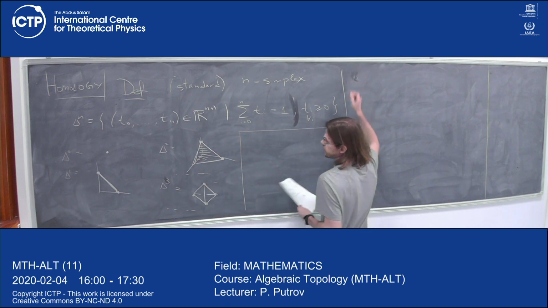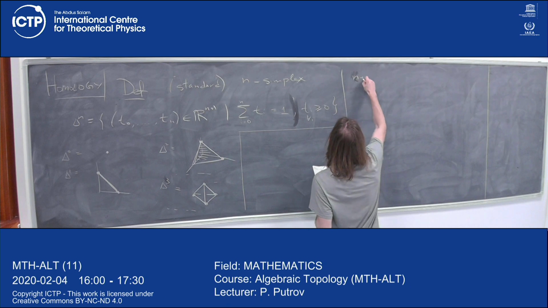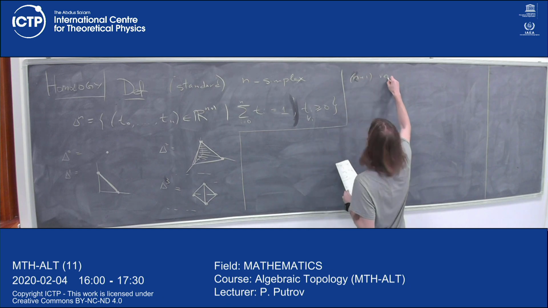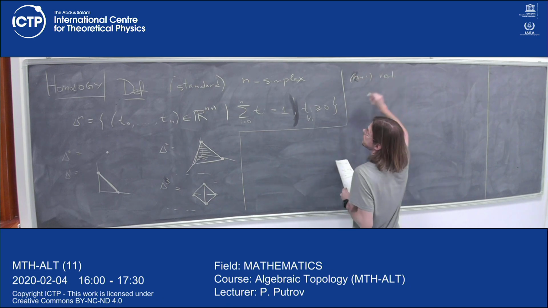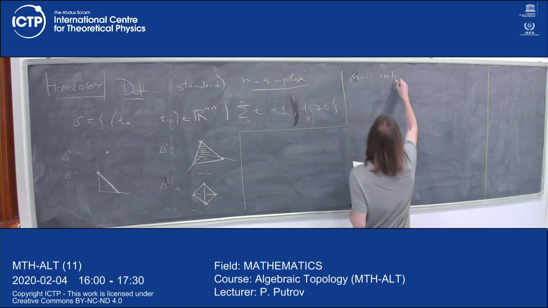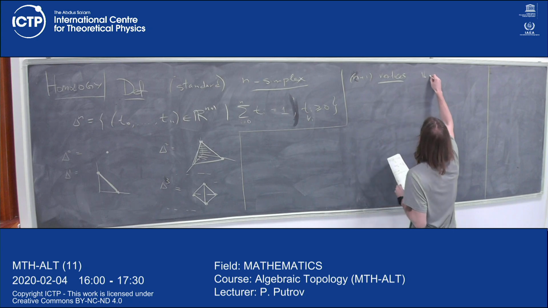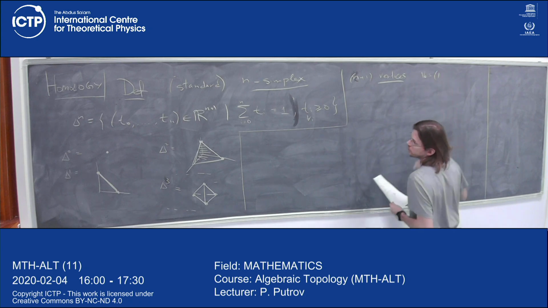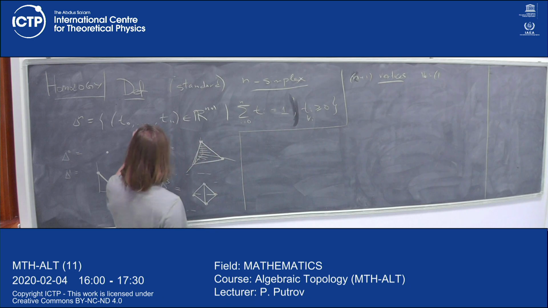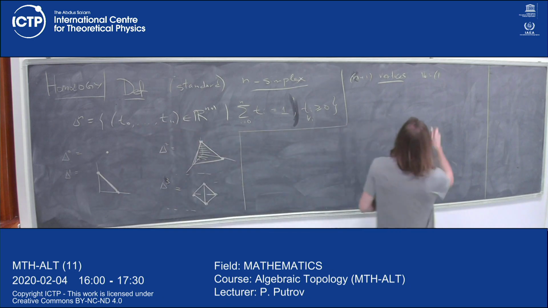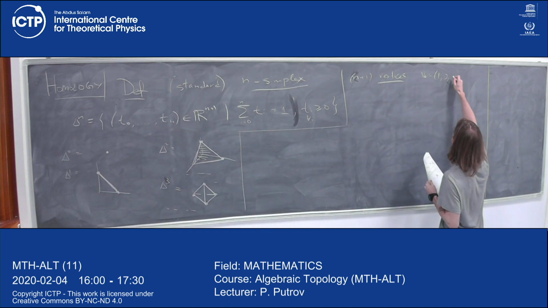It's a simplex which has n+1 vertices. So the definition of a simplex: the vertices are points in R^(n+1) with the following coordinates.